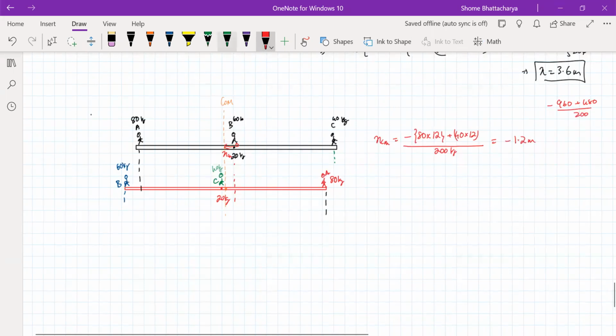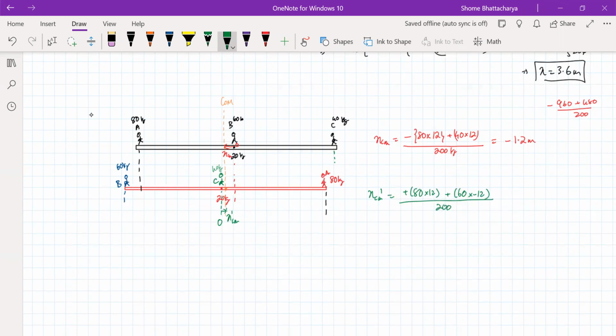Okay. Now come to the below diagram, and again in the below diagram, take this as our origin. So what is the position of the center of mass with respect to this origin now? So let's write that as XCM prime. Okay. So XCM prime this time will be a positive quantity, because from my new origin, which is the new center of the plank, my mass A is at positive of 80 into 12, and on the other side I have mass of 60, which is at minus 12, and the other two masses are at the origin, so they don't contribute.